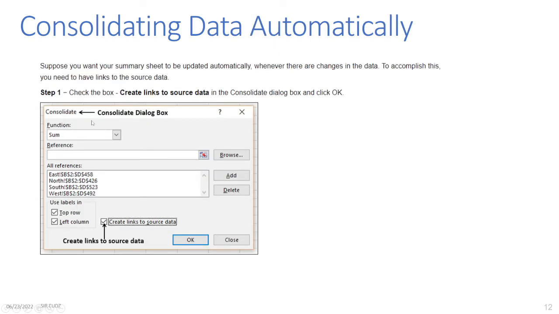Suppose you want your summary sheet to be updated automatically whenever there are changes in the data. To accomplish this, you need to have links to the source data. Check the box Create Links to Source Data in the Consolidate dialog box. So create links to source data. Check the box and click OK.